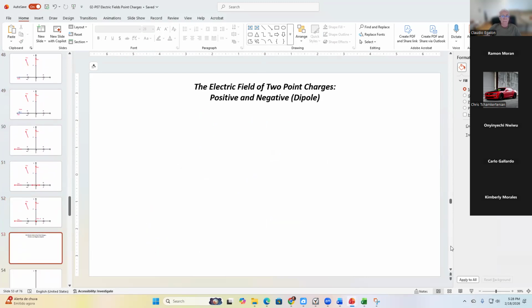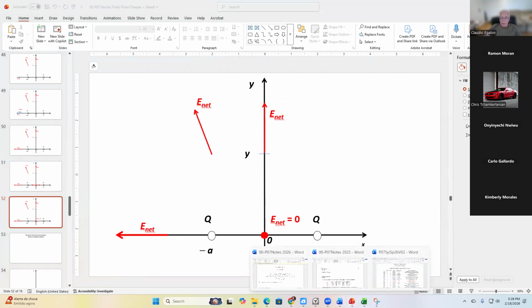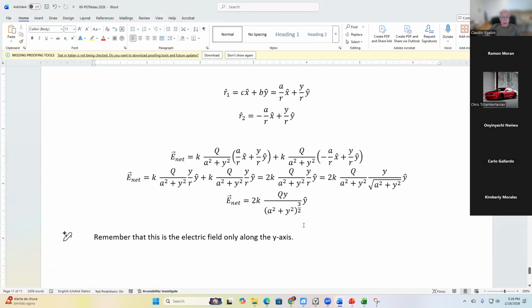By the way, I predicted that the net field here at y equal to 0 is going to be 0. Let's double check that. We go to our solution at y equal to 0. The net E field is 0 as well.